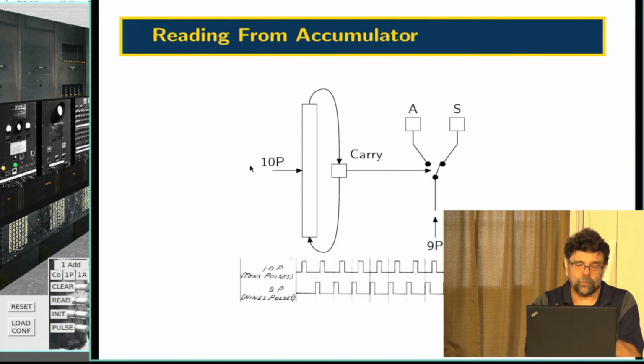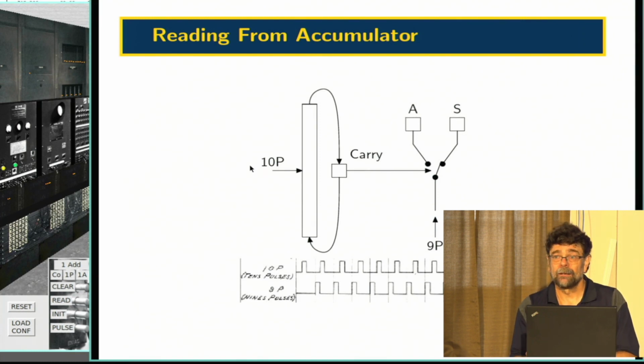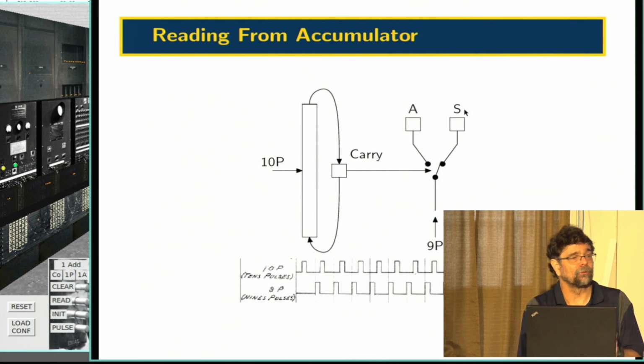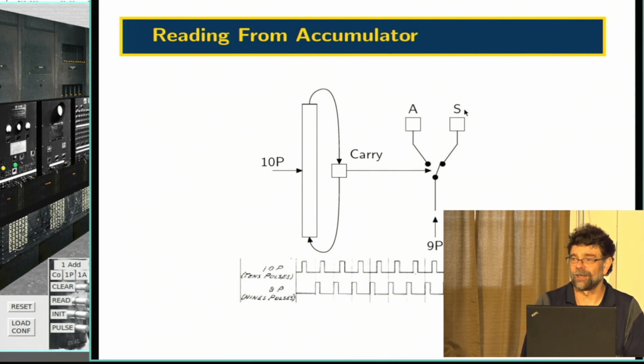Now, in between these 10 pulses, I've got 9 pulses. Now these are going to be the data that are transmitted to another accumulator. Now here's the clever part. Until I set the carry by going from 9 back to 0, the 9 pulses are going to go out the subtract side, the complement. As soon as I set the carry, the switch flips and they start going out the A side, the additive side.